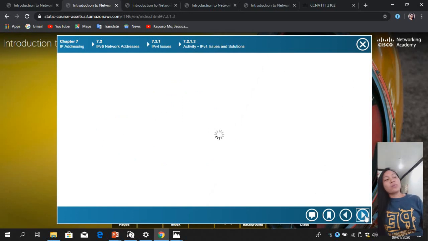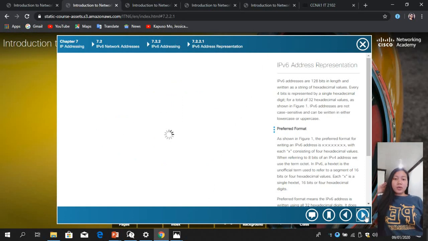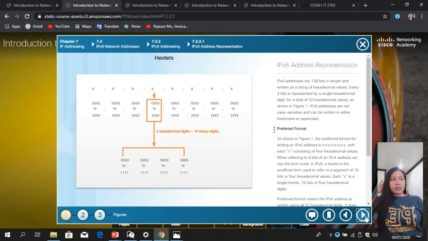IPv6 address representation. IPv6 addresses are 128 bits in length and written as a string of hexadecimal values. Every 4 bits is represented by a single hexadecimal digit, for a total of 32 hexadecimal values, as shown in figure 1.